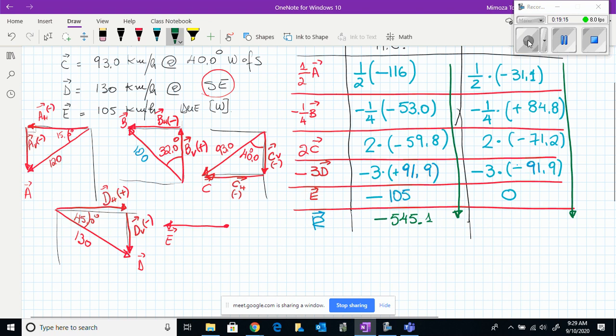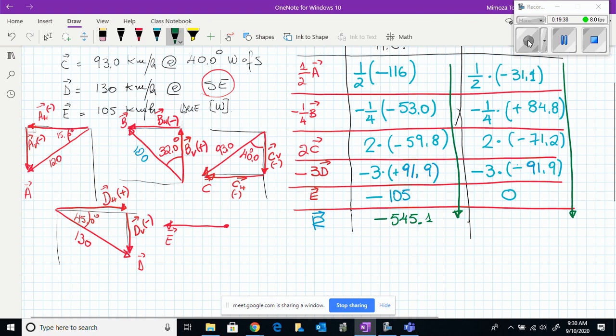The same thing we will do for the vertical component. So 0.5 times -31.1. This is what it is. Negative and positive is negative, 0.25 times 84.8.